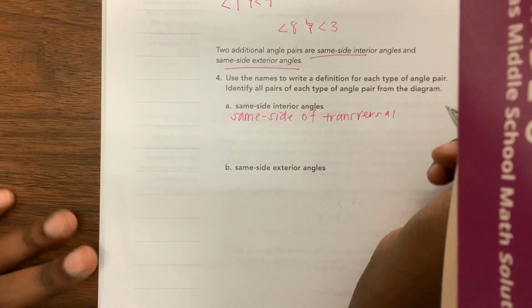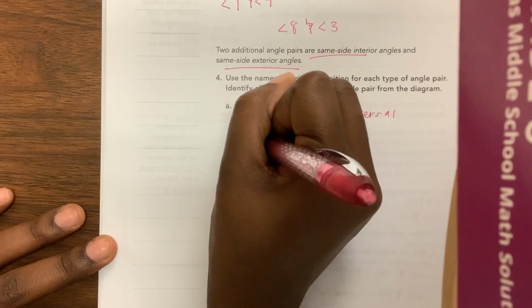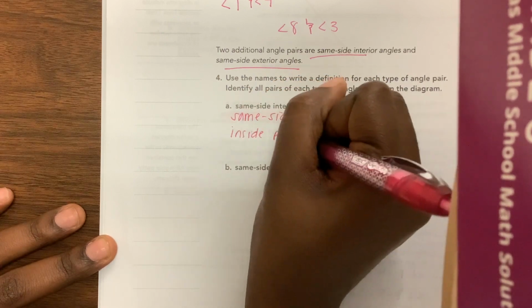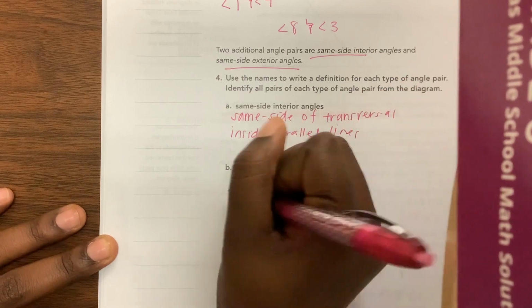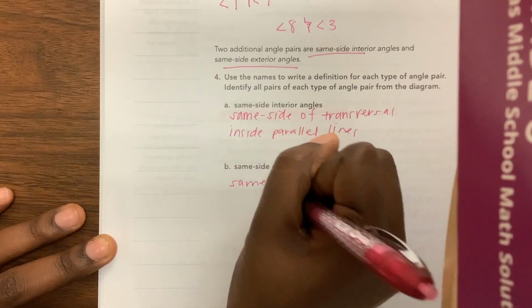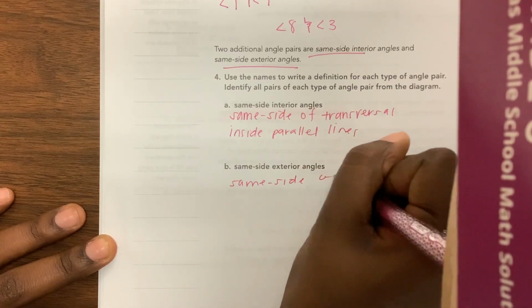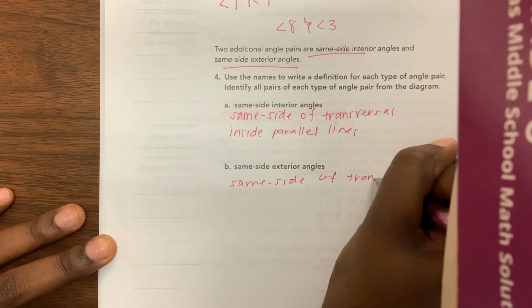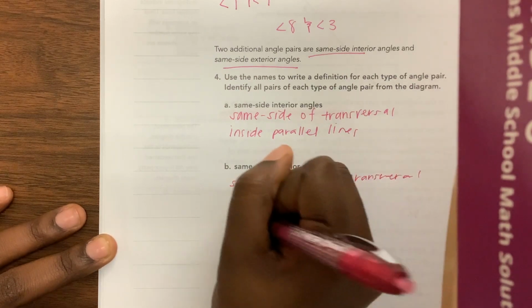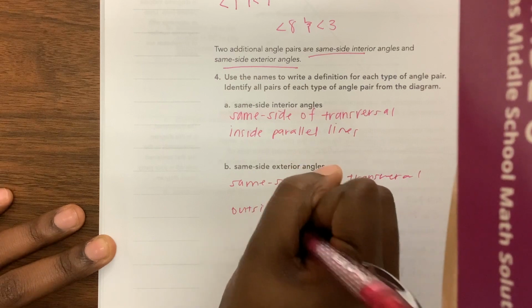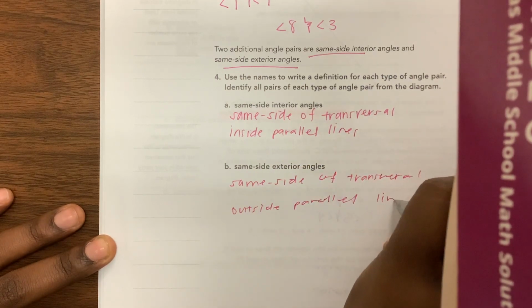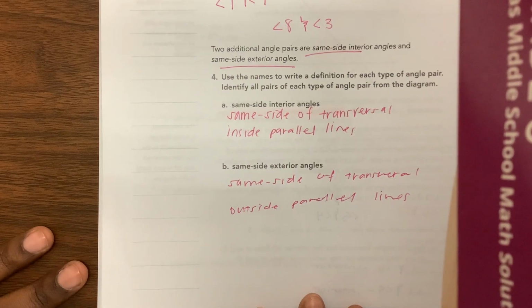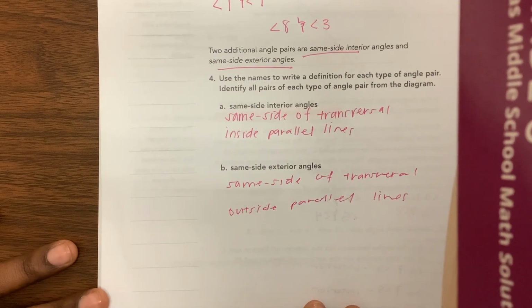Same side of transversal, inside parallel lines. And this will be same side of transversal, outside parallel lines. If I just had to make my own definition, this is what I would say it is, yes? Yours may be different from mine, which is fine.